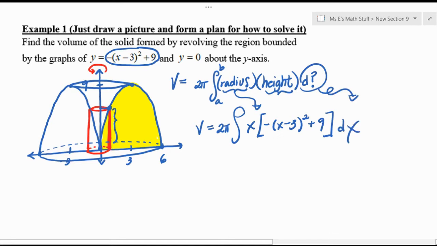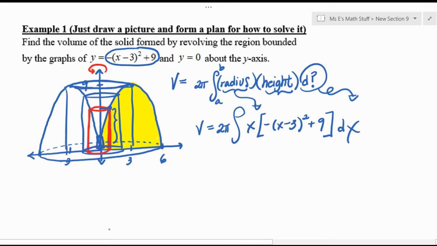And now that we've declared it a dx integral, what bounds would make sense? Well, we're going to start by adding in the rectangles starting from 0, and you just keep stacking them.